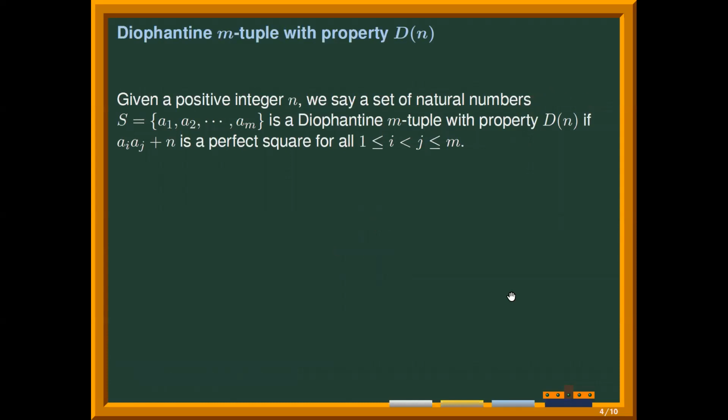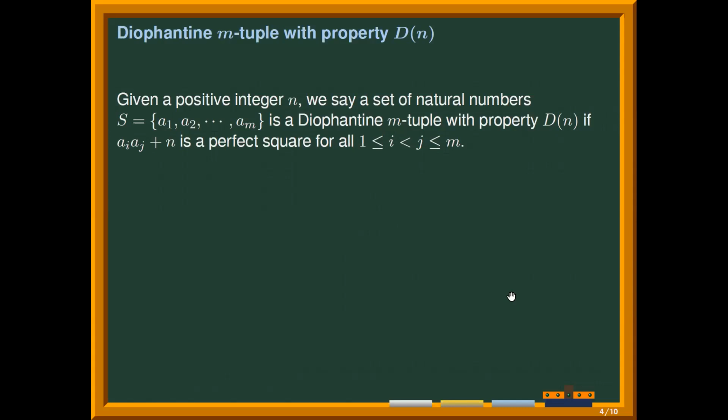If you have a positive integer n, we say a set of natural numbers S, which is a1, a2, up to am, is a Diophantine M-tuple, where M is the size of the set S, with property Dn if the product of two distinct numbers ai and aj in the set S is one less than a perfect square modulo n, for any distinct i and j. That is the definition of a Diophantine M-tuple with property Dn.